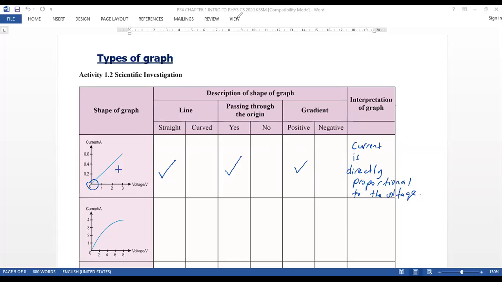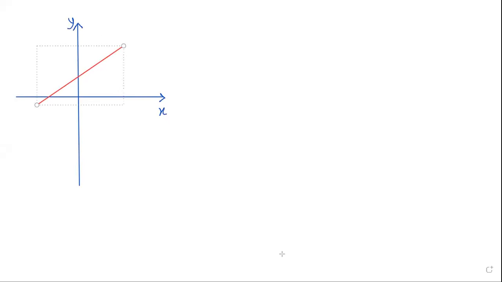Okay, let me share something with you all. When we have a graph, what all of us should understand here is this. This is axis y and axis x. Let's say we have a linear line graph going through like this. There are a lot of possibilities.